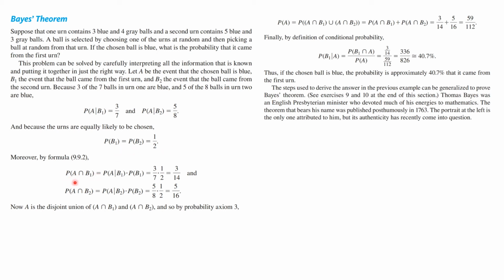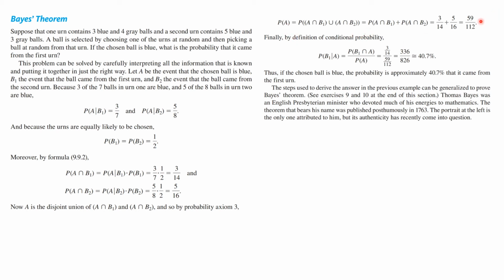Therefore, the probability of A intersect B1 is, by the definition of conditional probability, this. We multiply those and we have 3 over 14. And the probability of A intersect B2 is this, by the definition of conditional probability, when I multiply those two numbers. Now, A is the disjoint union of this set and this set, so by probability axiom 3 that we had before, the probability of A is the sum of those.